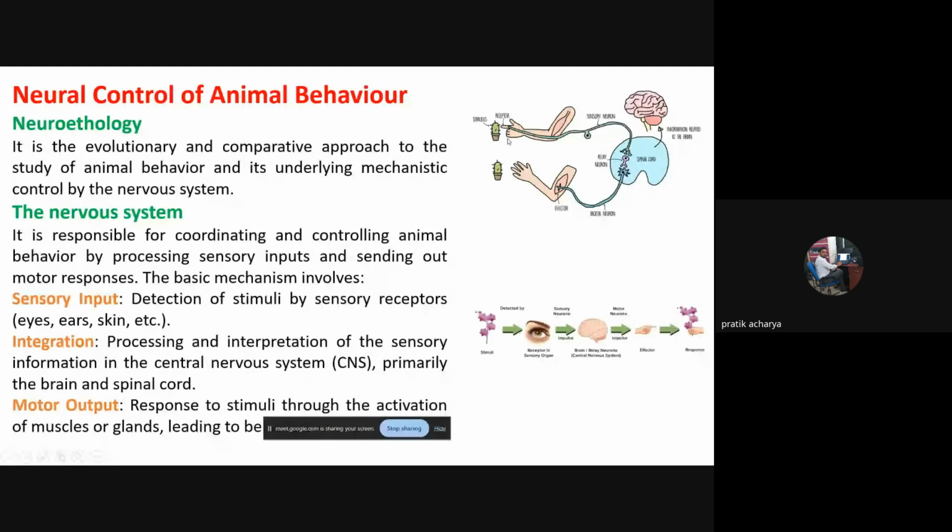When we send impulses, messages from the point of reception, where we get external stimuli, towards the central nervous system, first that message is received by the spinal cord, then the message is communicated to the head.